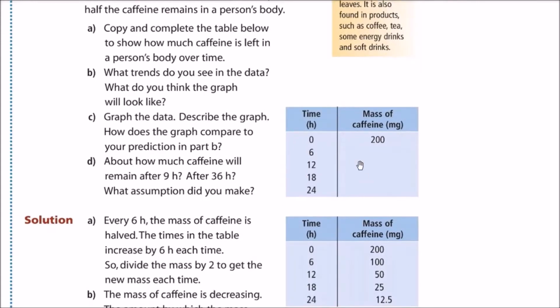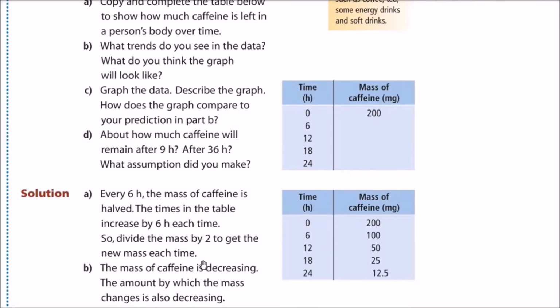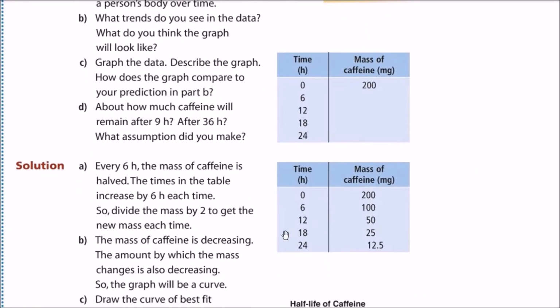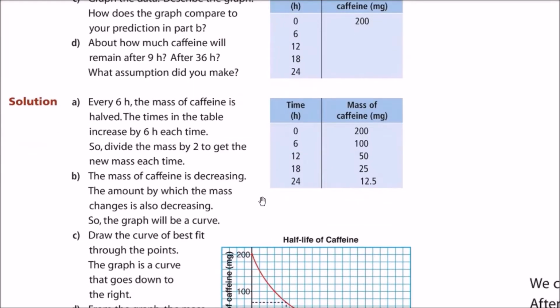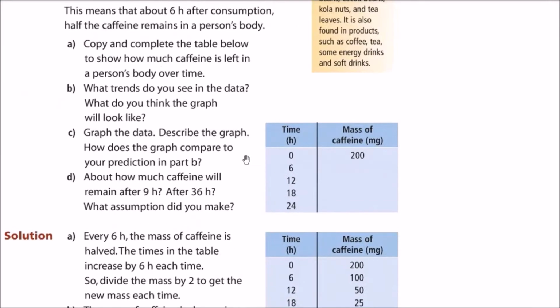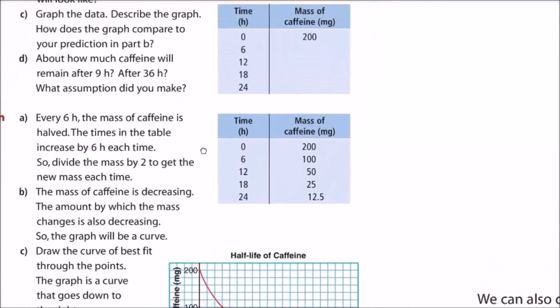We need to copy and complete this table, see how much is left and what trends are being shown, and we have to graph the data, and find how much caffeine will remain after 9 hours and after 36 hours. As we see, after 6 hours, half will remain. So we can make this easily.